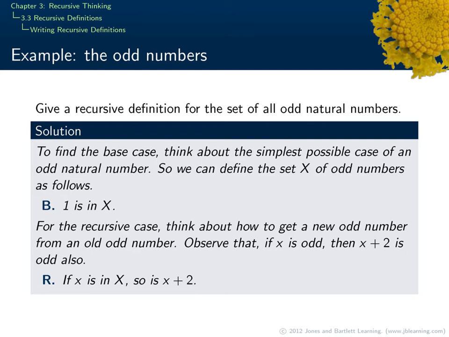So for your base case for the odd numbers, the simplest odd number seems to be 1. And now how do I get other odd natural numbers? Well, I could get 3 from 1 by adding 2. I could get 5 from 3 by adding 2. And so maybe our recursion is this, that if X is already an odd number, we can get another odd number by adding 2 to X.